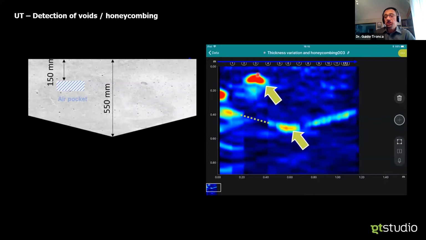It was an induced, simulated honeycombing, quite a difficult task even for GPR, especially with small dimensions. You can see that the smallest air interface will reflect sharply on the profile. My bottom back wall reflection is shielded locally by one defect, which becomes a very easy target to detect.